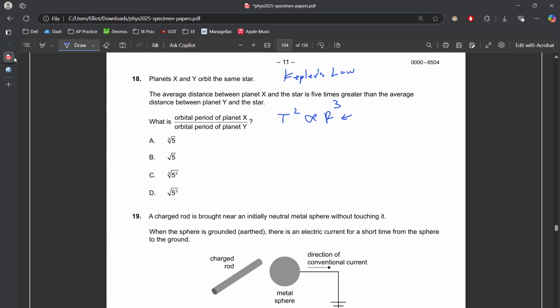You want T sub X over T sub Y, and if we square this, then this is going to be equal to r sub X over r sub Y cubed, if we assume that this is true based on Kepler's law.